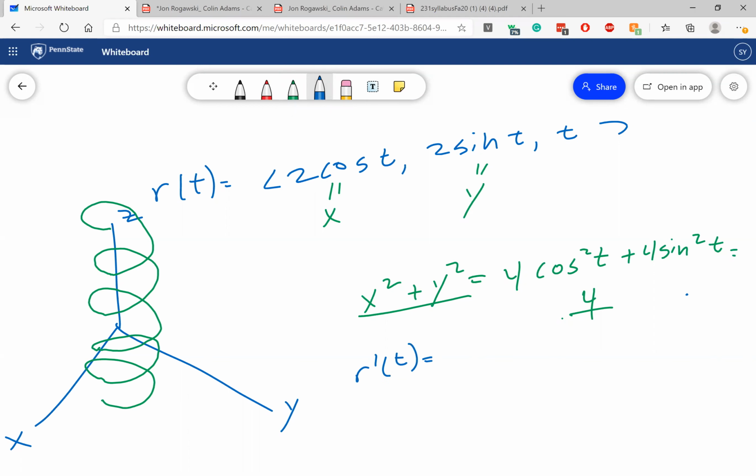So r prime of t is going to be equal to negative 2 sine of t, 2 cosine of t, and 1. So now my unit tangent vector is going to be r prime of t over the magnitude of r prime of t.